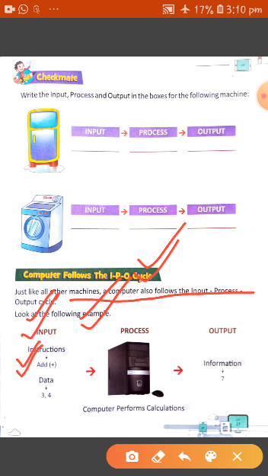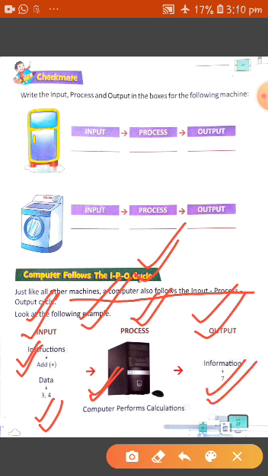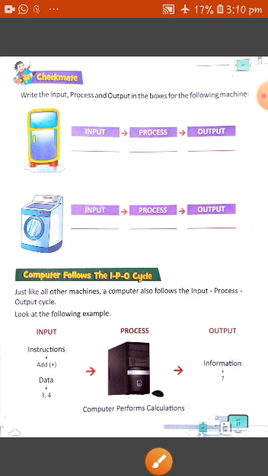Adding data 3 and 4. And the process is done by the CPU, adding the digits, and we get the output information, which is 7. This is how a computer performs calculations.